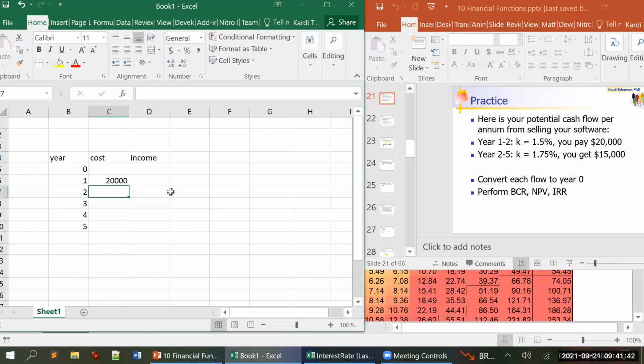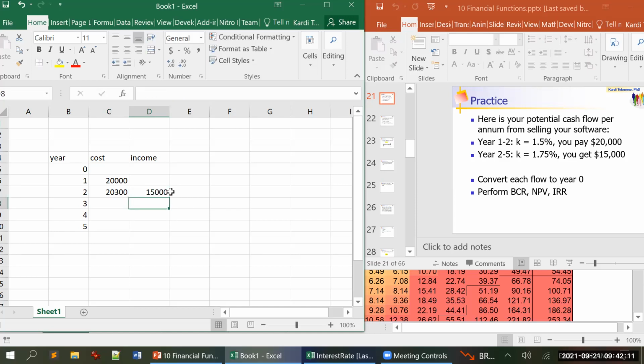And then in year 2, you get this one plus 1.5 divided by 100 multiplied by this one. So this is your cost. From year 2, you also get 15,000.